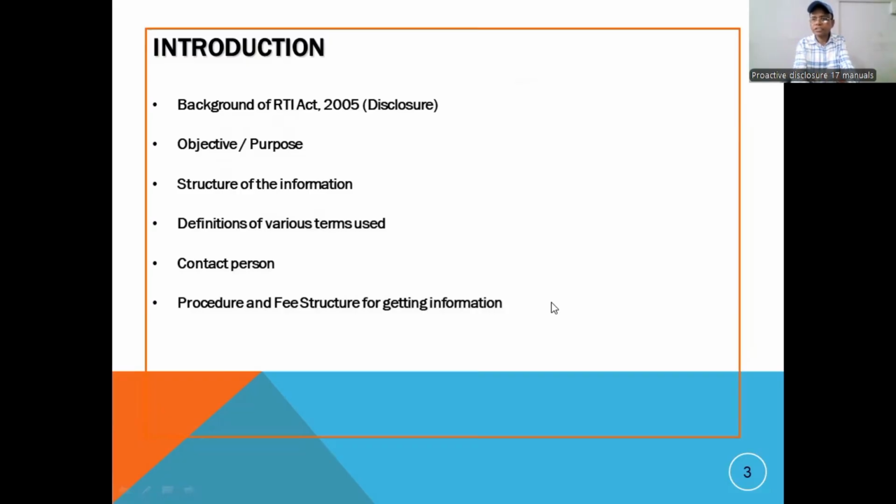Everybody knows that the purpose of RTI is to build transparency and accountability between the citizen and the public employee, or to ensure 100% accountability of the public employee. So these are the objectives and purpose of the RTI: to maintain transparency and openness, and to involve citizens as volunteers in the public authority, since this is a fundamental right.